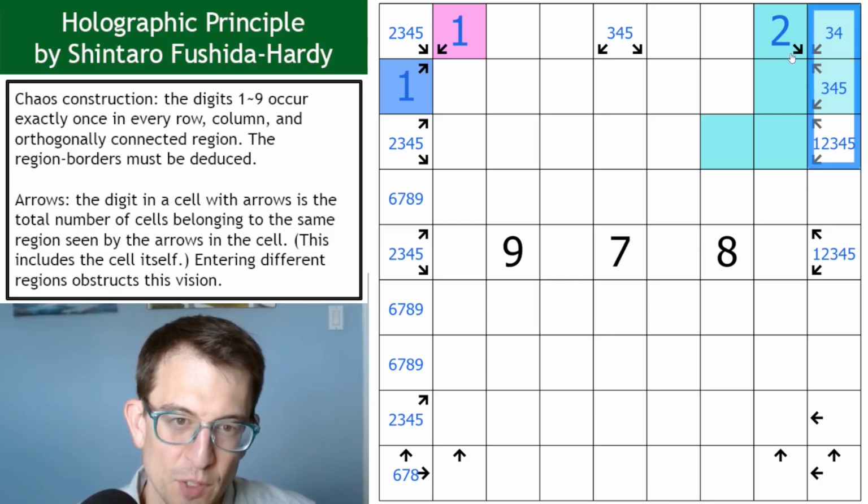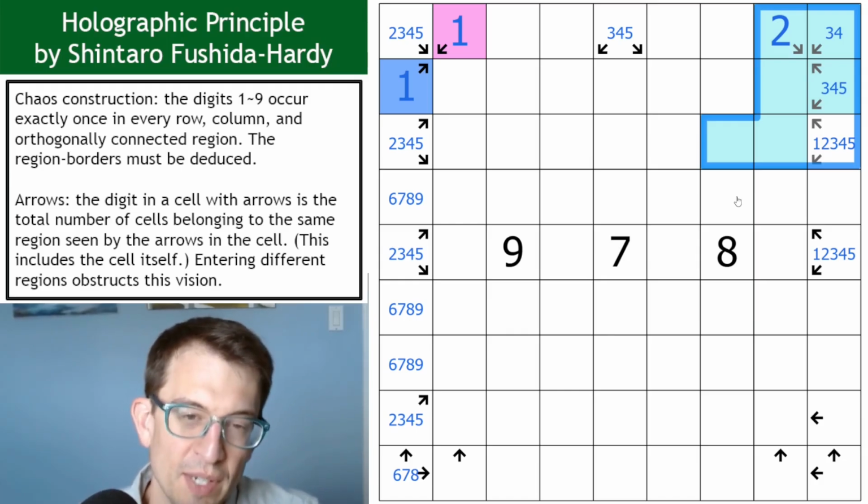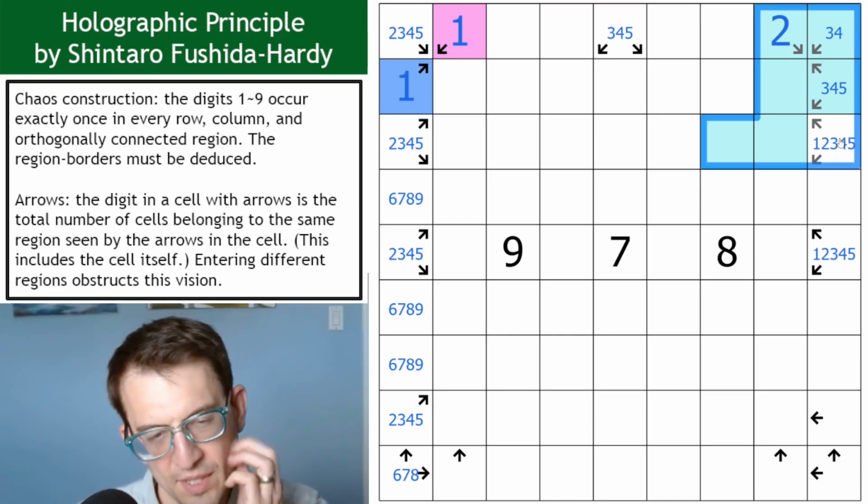That seems plausible. Could this be, well, this is 6 cells. 7, we would need, ooh, no, I might have some problems here actually. Yeah, I would need, yeah, no, that doesn't work, I think.